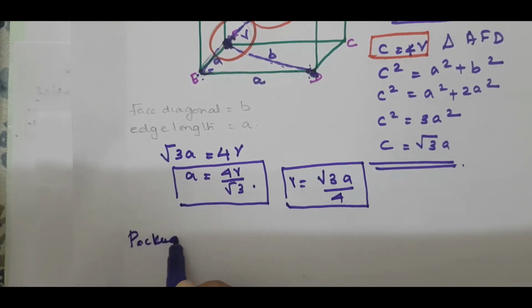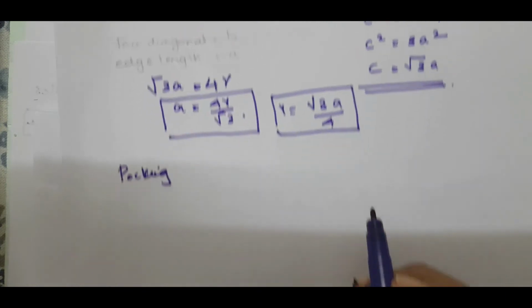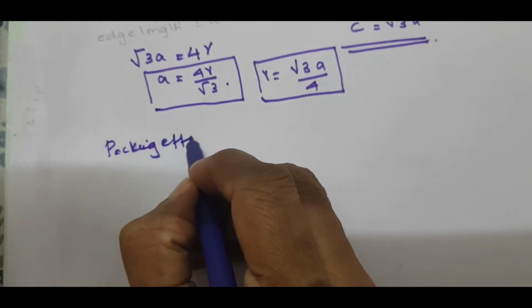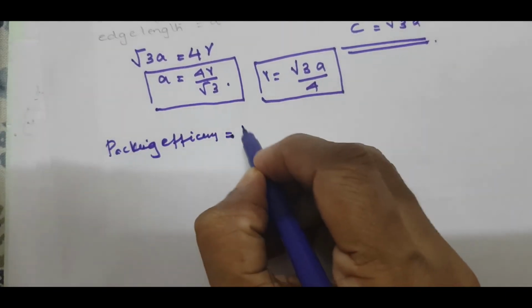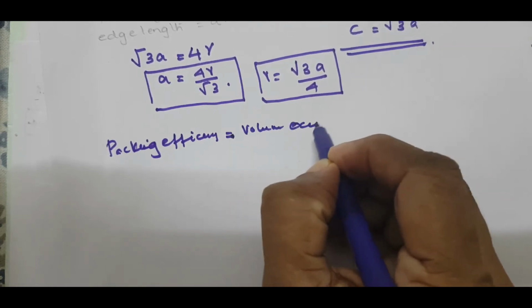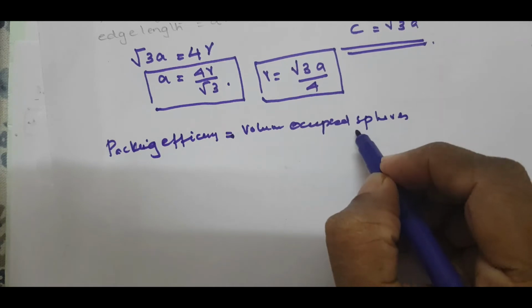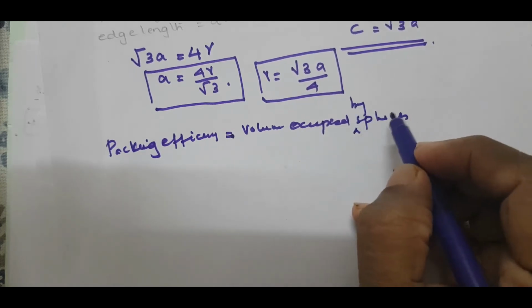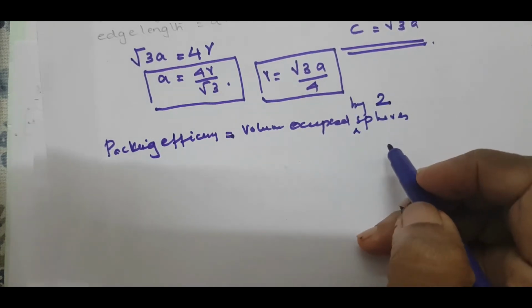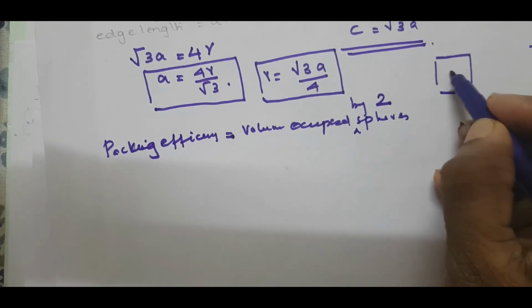What is the packing efficiency formula? Packing efficiency is equal to the volume occupied by how many spheres?